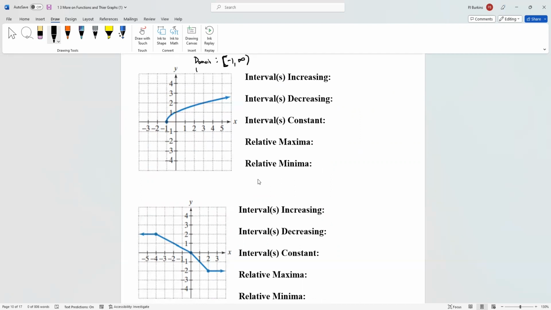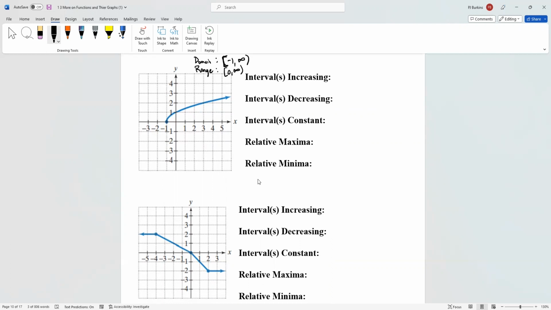And we could say the range, which is the y values. Well, the y values start at 0 and they go on forever as well. So it'd be 0 to infinity. So clearly you shouldn't have any maximum or minimum or anything outside of those values. So that's a good way to start.